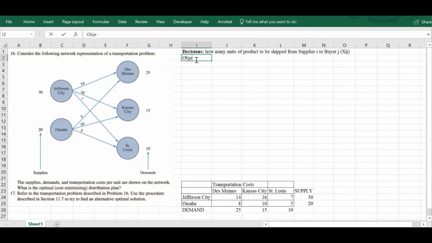The objective would be the total transportation cost that we want to minimize.